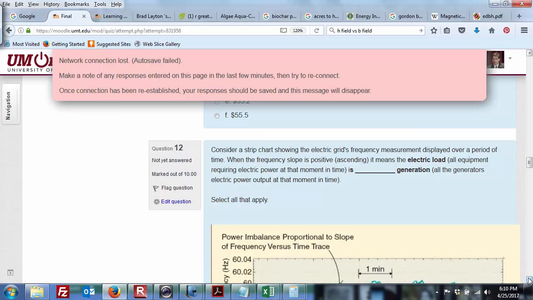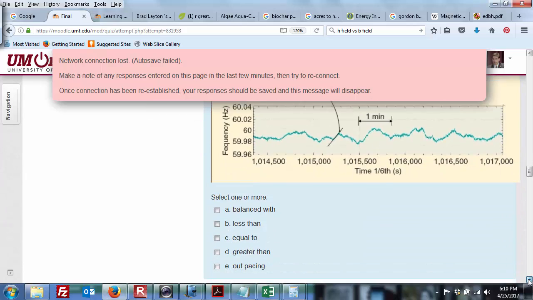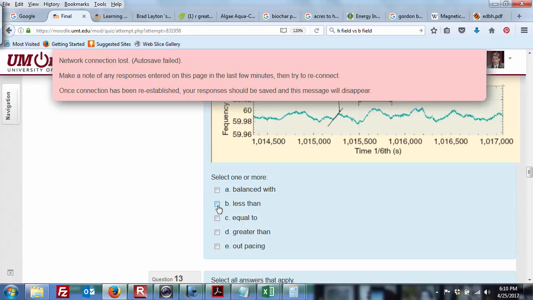Consider a strip chart showing the grid's frequency measurement displayed over a period of time. When the frequency slope is positive, frequency slope is positive means electric load is below, less than.